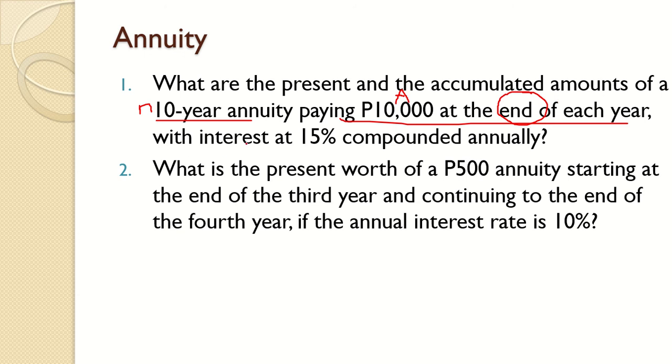And we have an interest rate of 15% compounded annually. So, dili ni siya I, but R. Remember that this is R, unless kung iyang giingon nga effective rate, that's ER. Now, you have to check or analyze the words used in the sentence.